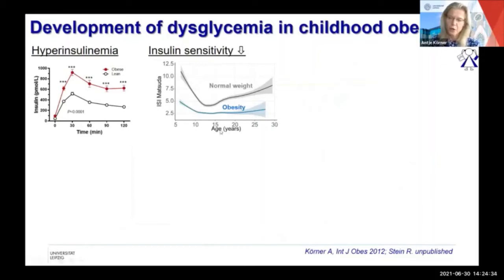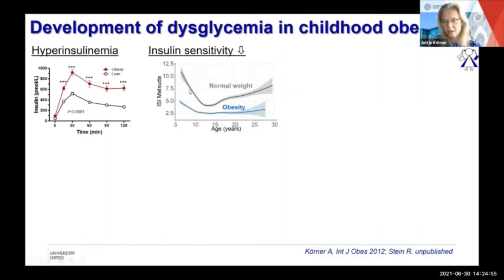So, of course, we need to consider the puberty, as I said before. That's why we looked into the insulin sensitivity Matsuda index, which is one of those OGTT-derived indices, across the age from early childhood to young adulthood. And you see several things in this slide.